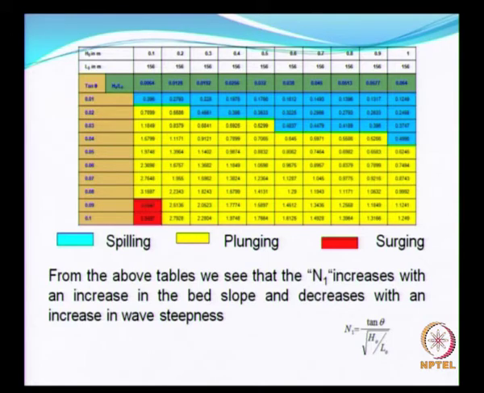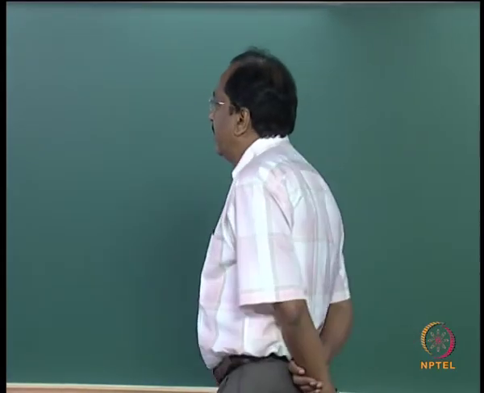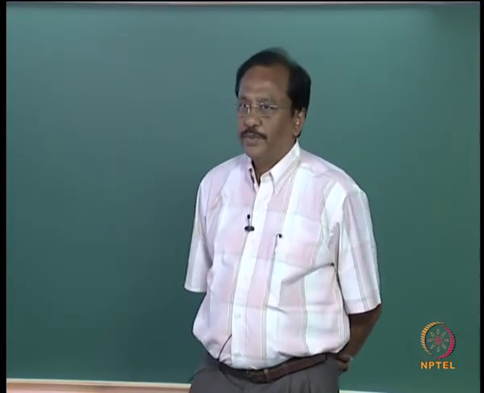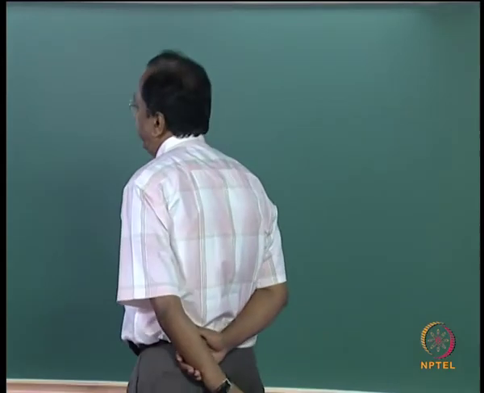What do the results indicate? The results indicate from the above table that the parameter N1 that categorizes the types of breakers increases with an increase in the beach slope or the seabed slope and decreases with an increase in wave steepness.